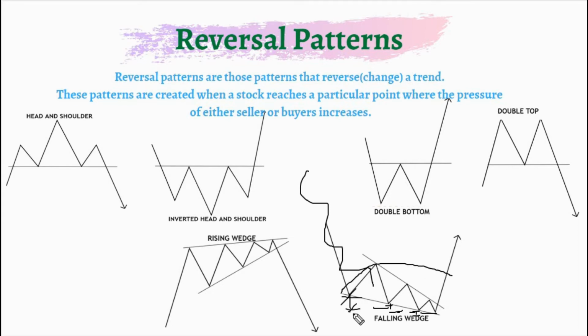If this kind of pattern is forming where the selling momentum is getting weaker and prices are contracting like this, and a breakout happens, we could say that it has the greatest potential that prices could move towards the upside.